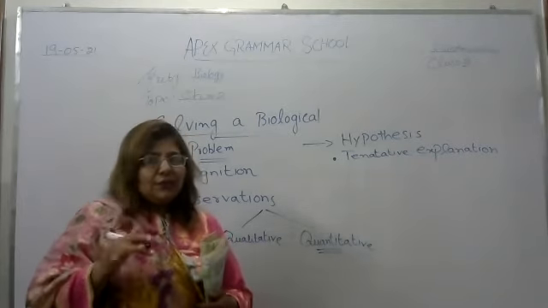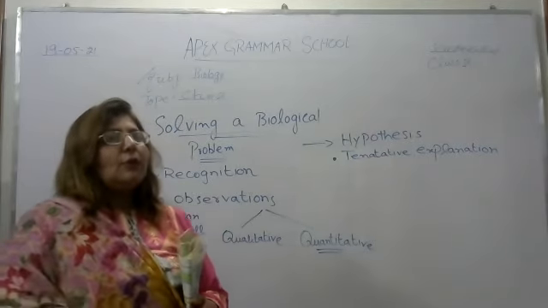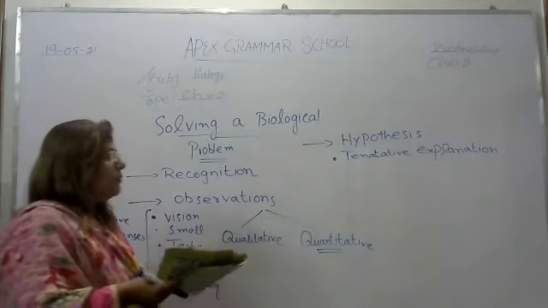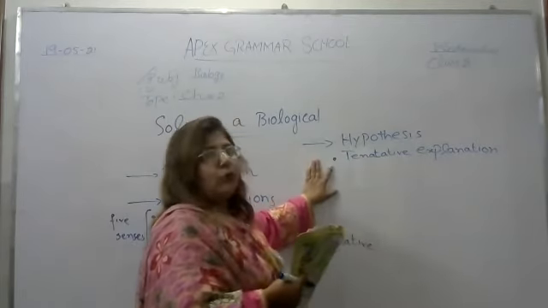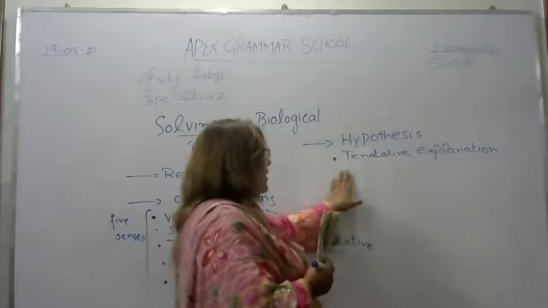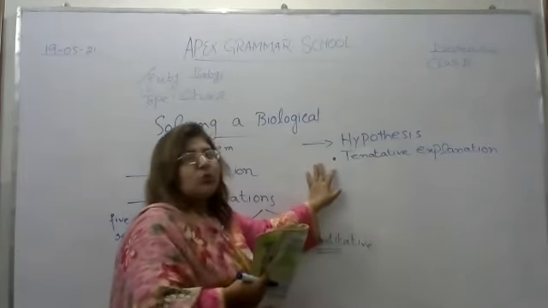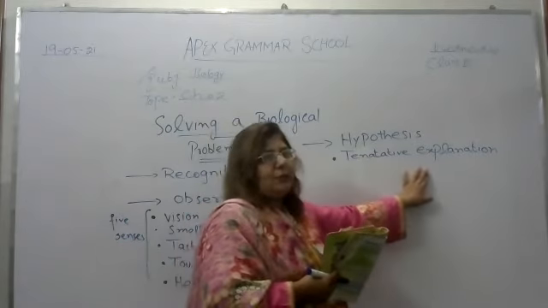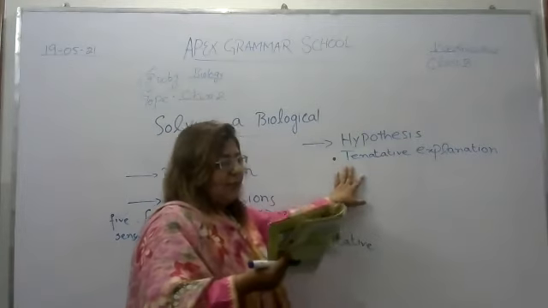So in physics and chemistry we can make a law, but in biology we cannot; we need a theory. So the first important characteristic of a good hypothesis is that it has a tentative explanation. The statements we find after the experiment can be false or true, 50% true and 50% false.